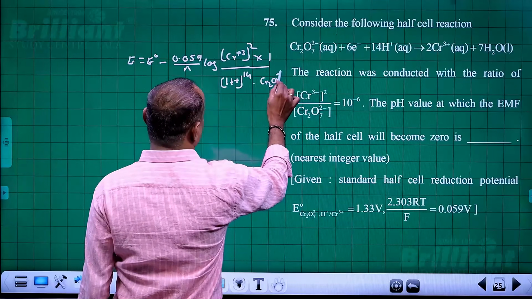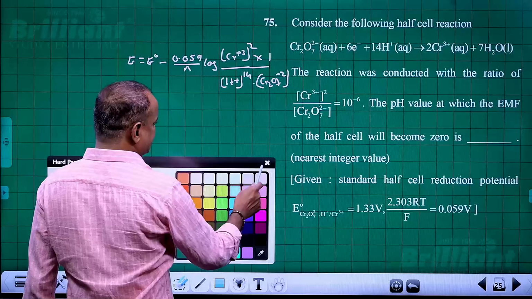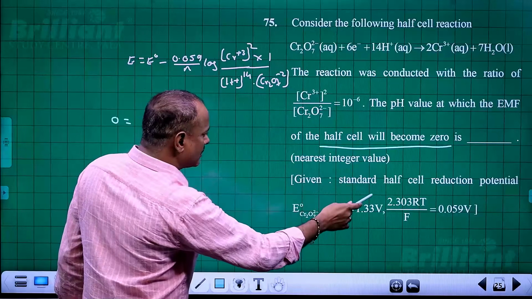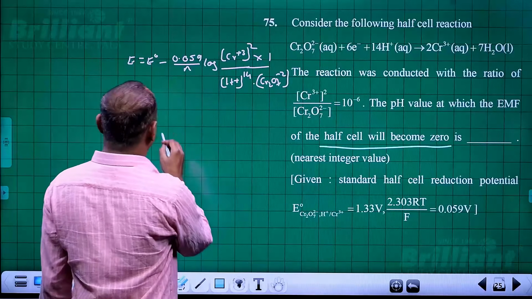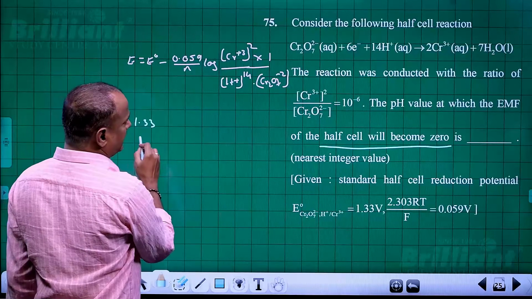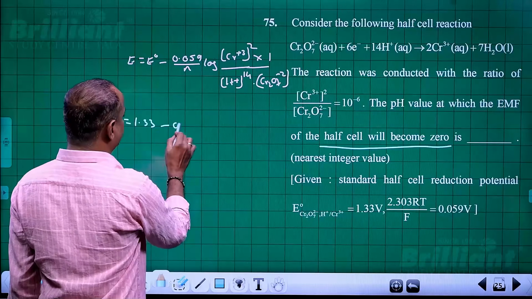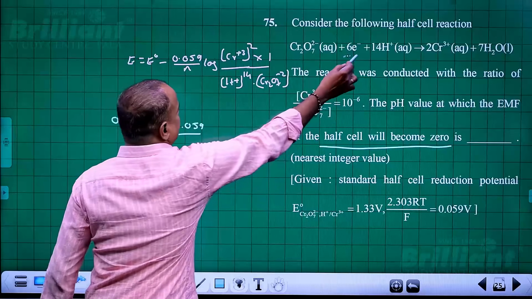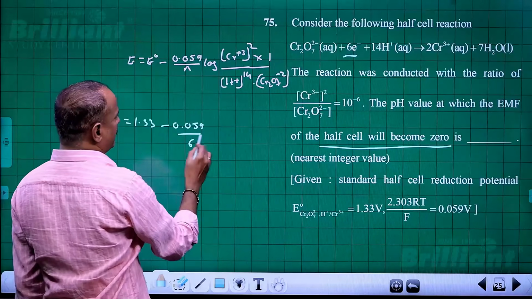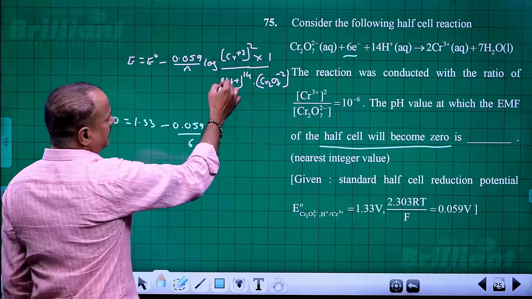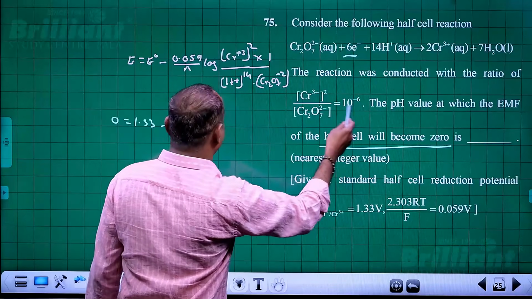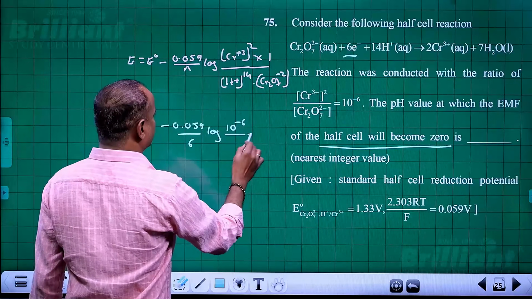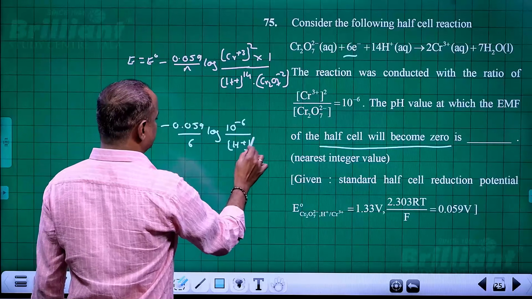Cr2O7 2 minus. E naught is equal to 1.33 minus 0.059 by n factor 6, because 6 electrons are transferred directly. Take 0.06 nearly. This ratio value is given as 10 raised to minus 6, by H plus raised to 14.